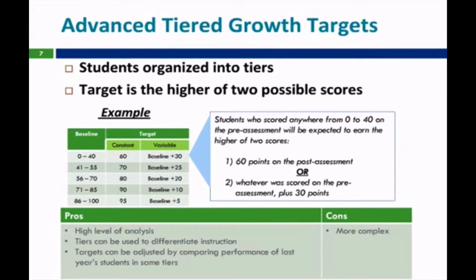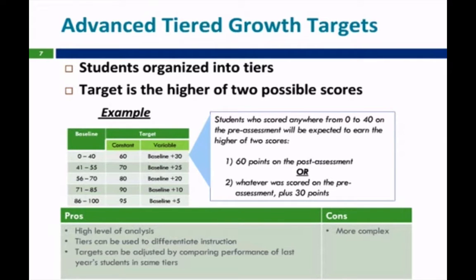Now, bear with me. This could get a little bit more complicated, but the way this works, and I'll just carry on from the previous example, is you have two possible scores that you could choose for any given student. What you would do is look at the baseline assessment score and then decide which target is higher.